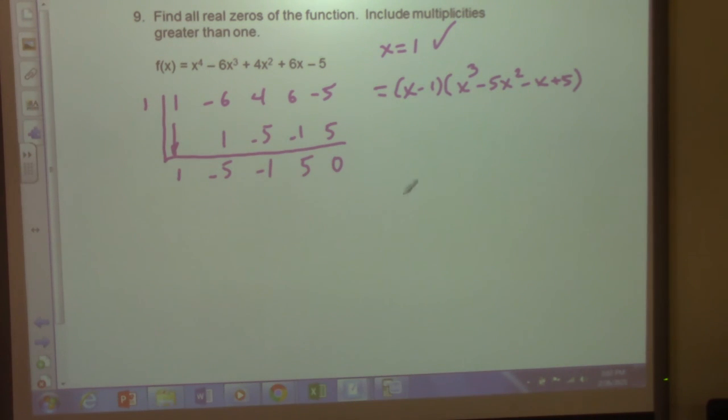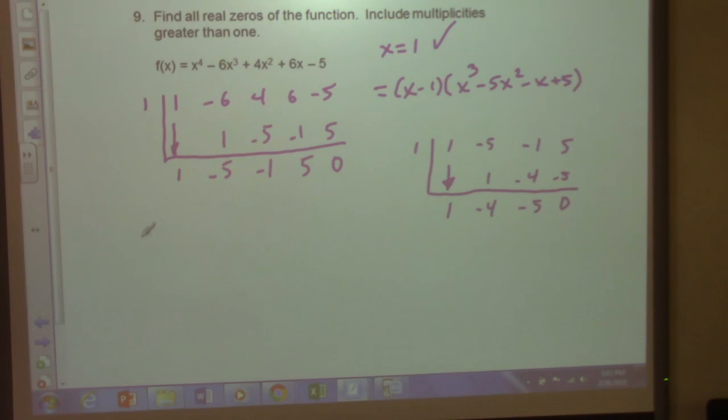So let's go do that. But this time we have 1x cubed, -5x squared, -x, and 5, and tried 1 like this, right? So 1, 1, 1, that's going to be 1, -4, -4, -5, -5, 0.